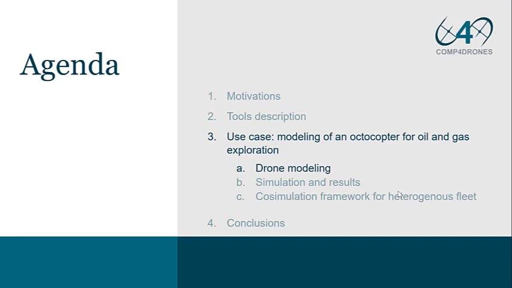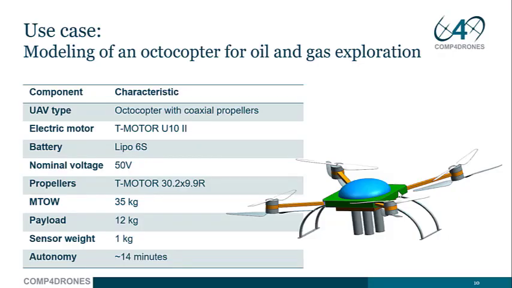Now, let's discuss the use case of the modeling of an octocopter for oil and gas exploration. We received some specifications from the partners about the UAV type, so an octocopter with coaxial propellers. We had the reference about the electric motor and the propellers used to build the drone, the kind of battery and the nominal voltage.